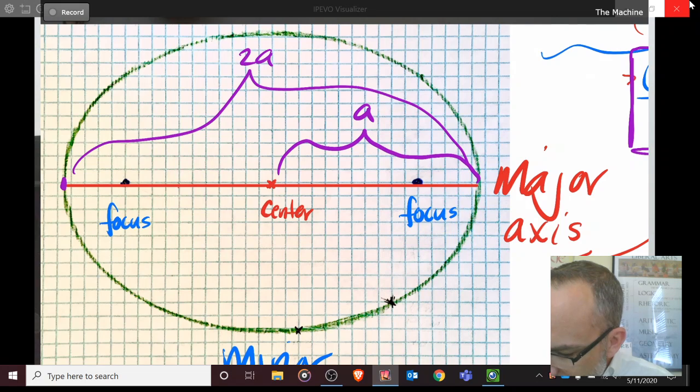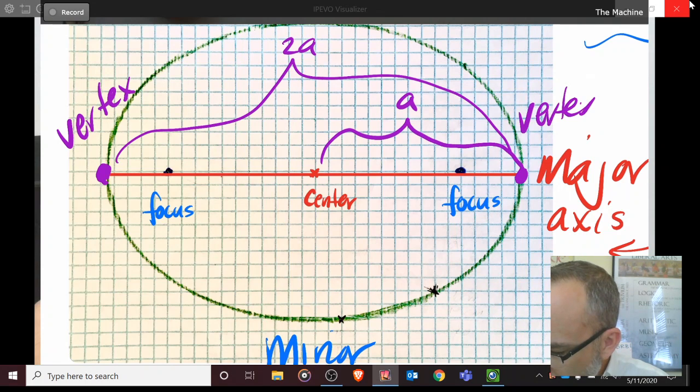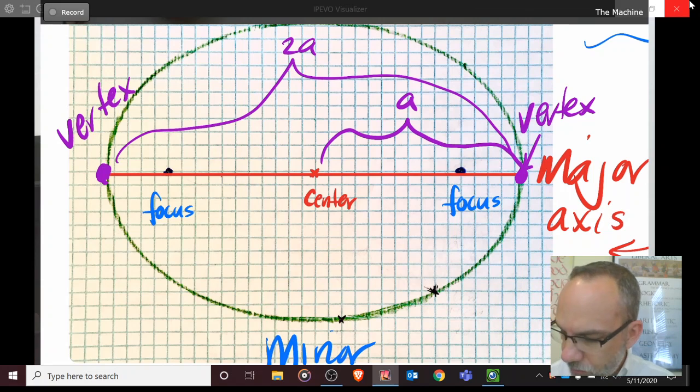Now, the endpoints of your major axis are called the vertices. You've got two of them: a vertex on the left and a vertex on the right. These are the points.